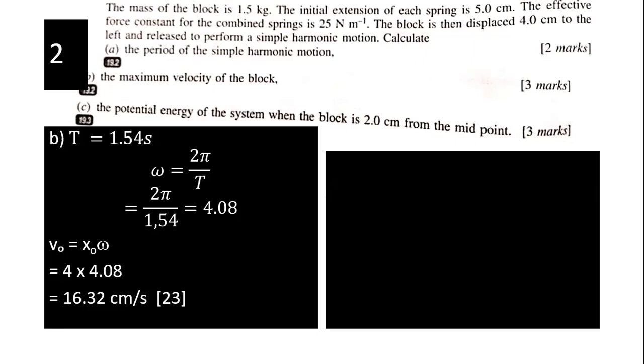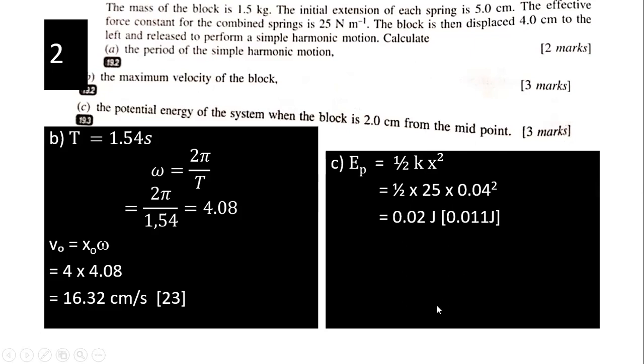Where got MGH here? Potential energy is half k x squared for the spring. Half, effective spring constant is 25. Amplitude is there. Change it to meters.